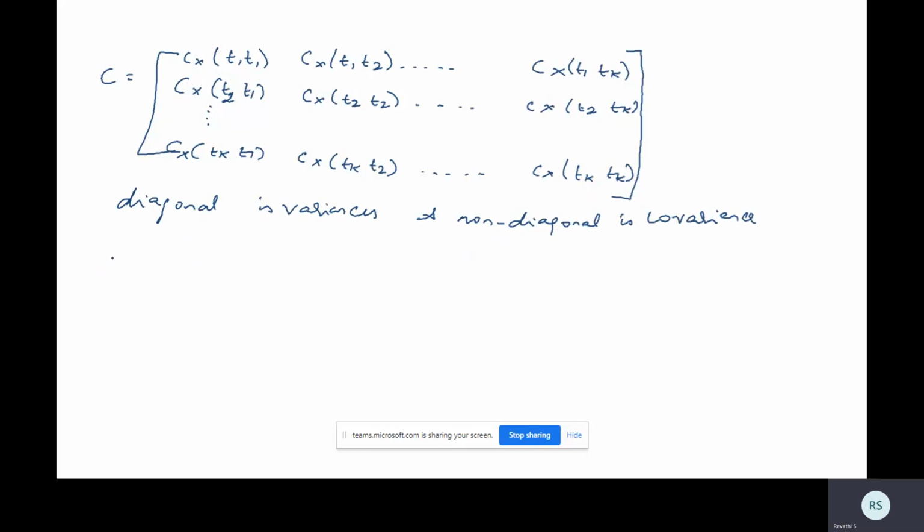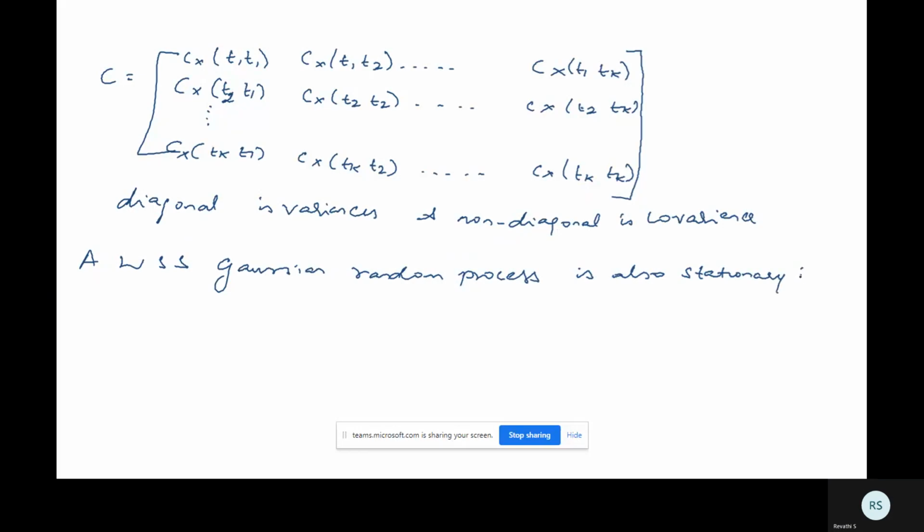In the Gaussian random variable alone, you have a very unique property, that is, a wide sense stationary Gaussian random process is also stationary in the strict sense.